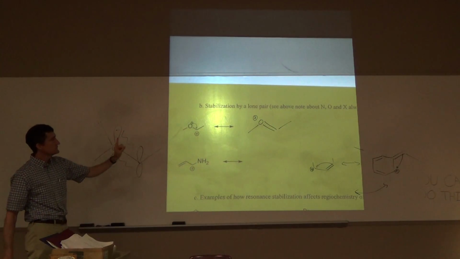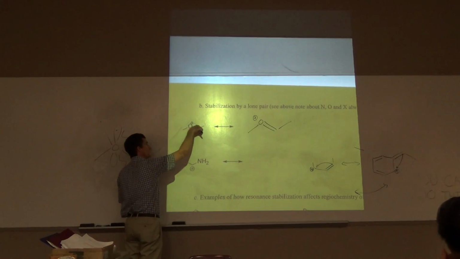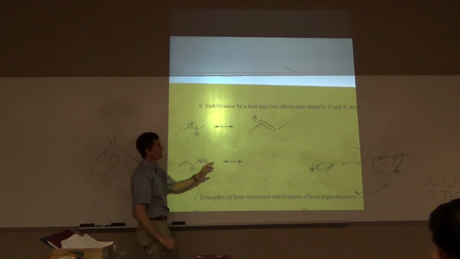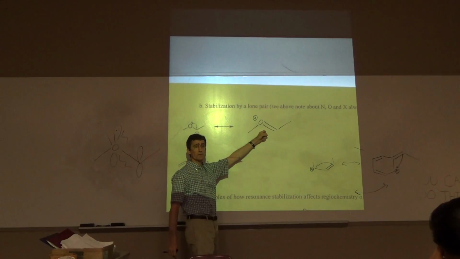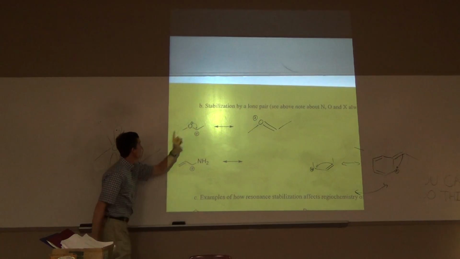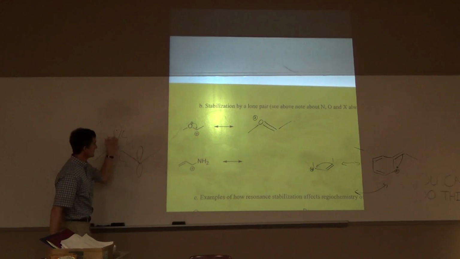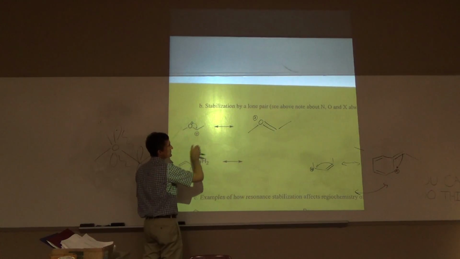We're stabilizing a cation by a lone pair. Electrons move in, make a pi bond. Resonance arrow. All we moved is pi electrons. We moved the lone pair that's in the p orbital. We just said, hey, I'm showing it as a double bond because there's some double bond here. So it's a resonance structure.